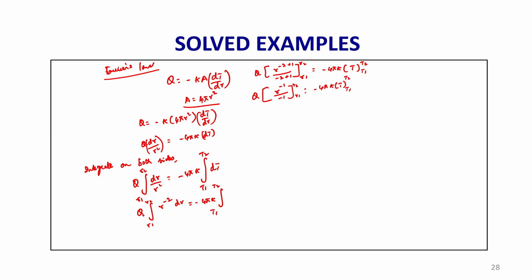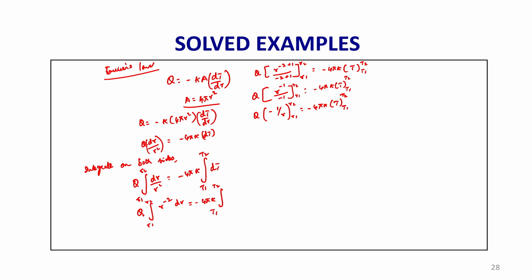R power minus 1 can be written as 1 by r. So, already we have one negative sign. So, q into minus 1 by r. After writing this, if you apply the limits and take LCM, we will get the final expression, minus 4 pi k into T2 minus T1.